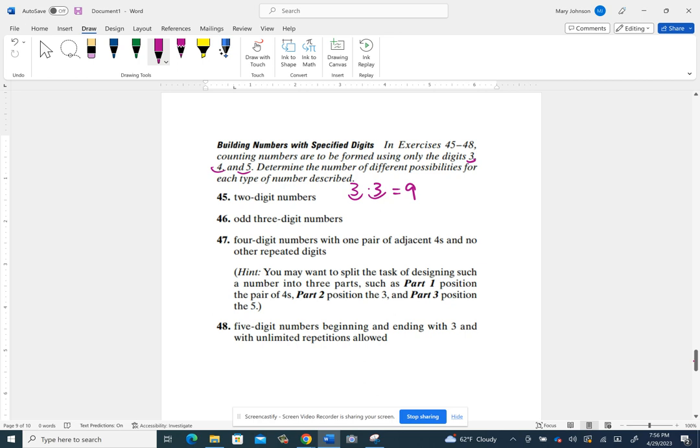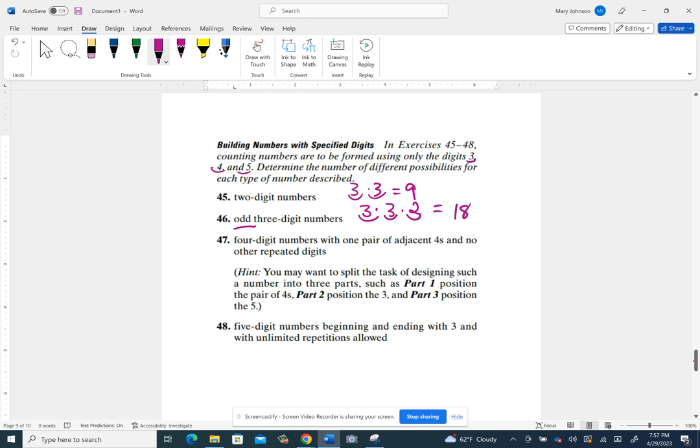Okay. On 46, we're picking 3-digit numbers. And they need to be odd. So if they're odd, they have to end in an odd number. So we only have 2 choices for the ones place, but we could pick any of the 3 for the other 2 places. So that would be 18 possible odd 3-digit numbers. I don't think they'll give you one like 47.